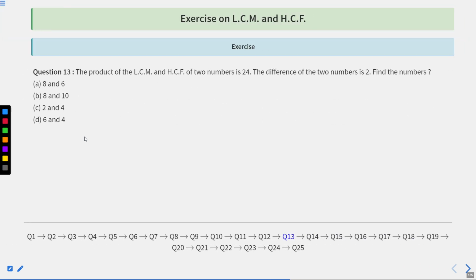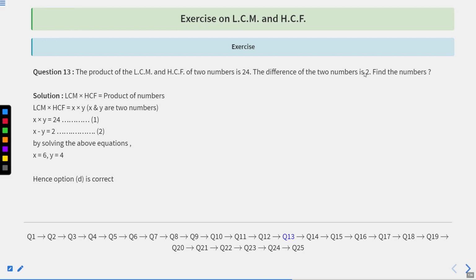Let us move to question number 13. The product of the LCM and HCF of two numbers is 24. The difference of the two numbers is 2. Find the numbers. It is given that LCM into HCF is equal to the product of the two numbers.